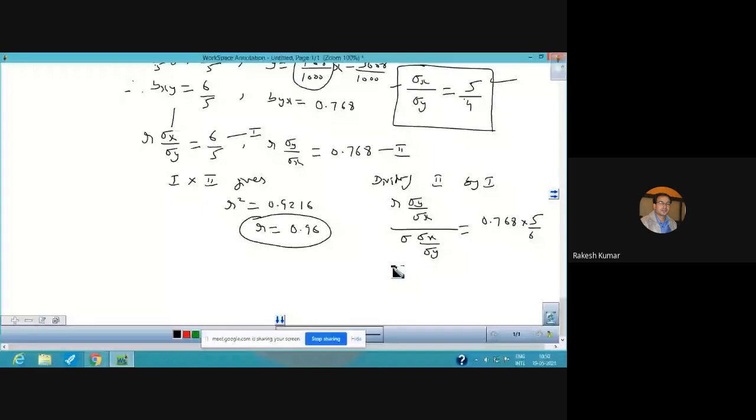So what does it come out to be? That comes out to be sigma y square upon sigma x square. Please rectify, this is r. After solving, r is cancelled. So sigma y square upon sigma x square is 0.768 into 5 over 6.